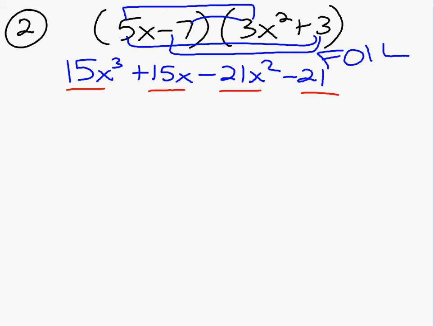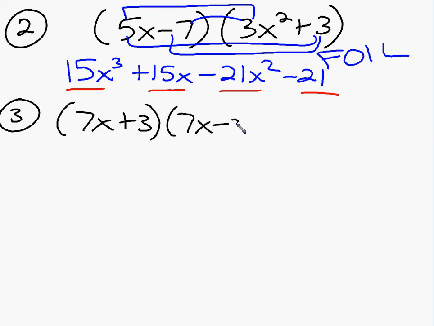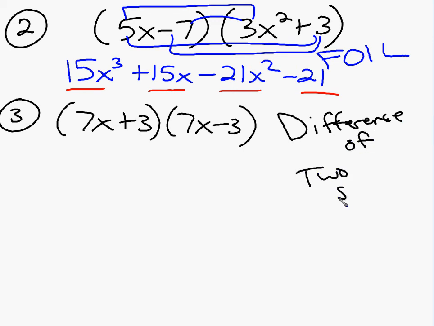The next multiplication trick, I guess, that we need to go over is one of the most important ones for your whole career in mathematics, which is the difference of two squares. Now, why is this shortcut called this?